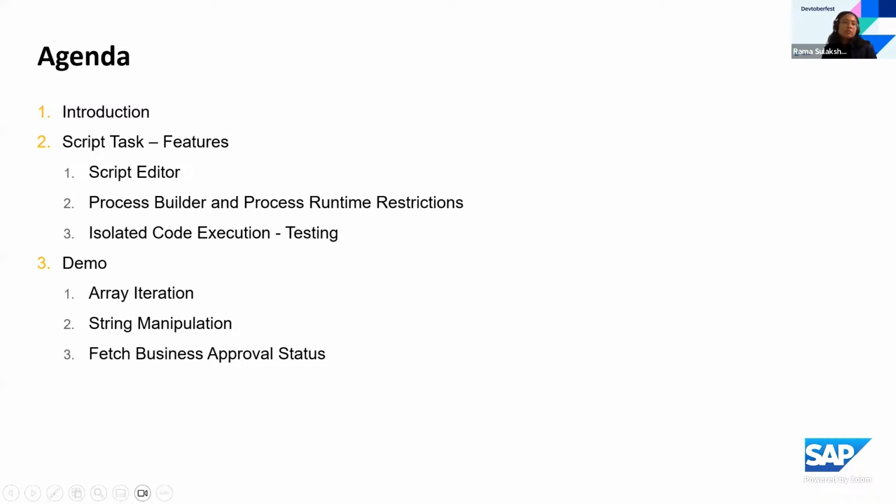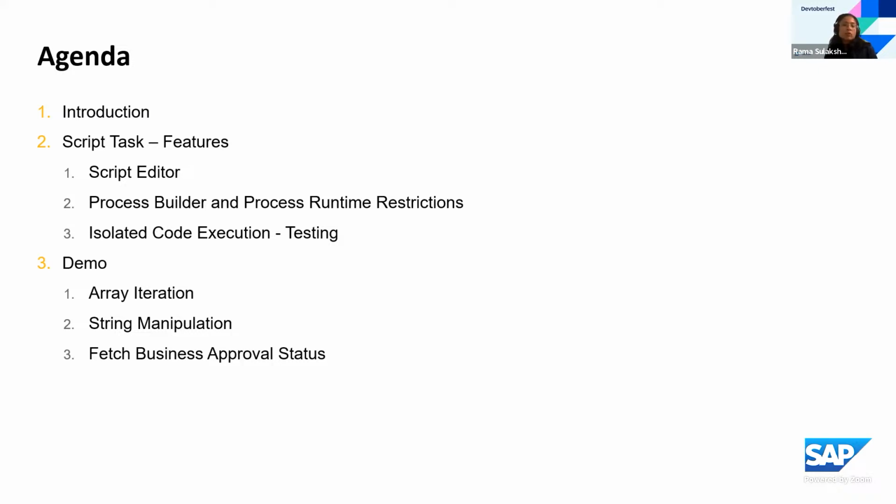The agenda of this session: we will see a quick introduction of what the script task feature is all about, and then we will briefly talk about the script editor features, and then the restrictions on the process runtime and the process builder with respect to the script editor, and a brand new capability which we are introducing as part of the script task feature, the isolated code execution or testing within the script editor, followed by a demo.